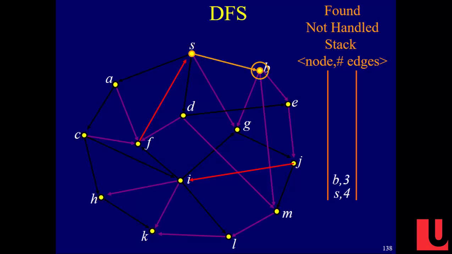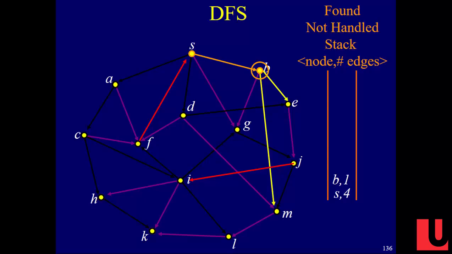Yeah, completely, we're using it in the code. Because if I'm at this point, what do I do? I pop the B0 off. I say I've only handled 0 of B's edges, so now I'm going to handle B's first edge. What's B's first edge? Well, let's call it this one. I handle B's first edge, and I push back on the stack that I've handled B's first edge. Now I repeat.